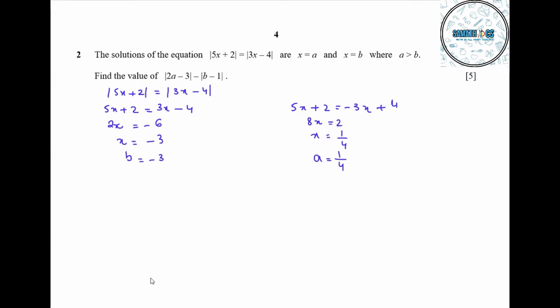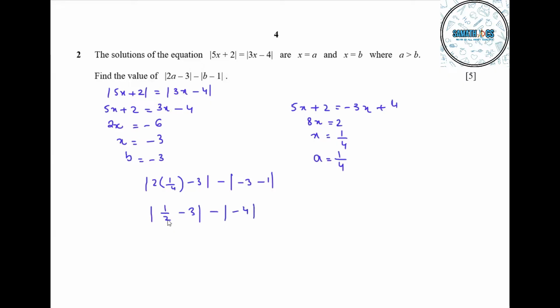Now we can take out the value of 2a minus 3. So a is 1 upon 4, and minus 3 minus 1. When we solve it, we will get 1 upon 2 minus 3 and minus 4.